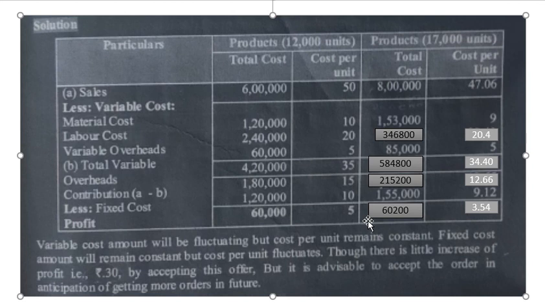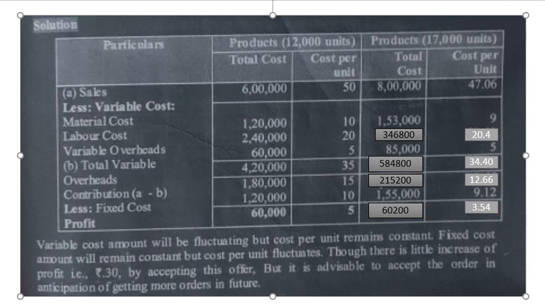The suggestion given here is that variable cost amount will be fluctuating, but cost per unit remains constant. If you look into the problem, the total variable cost fluctuates, but the cost per unit for the calculation will remain the same unless any adjustments are given. But with fixed cost, the amount will remain constant, but the cost per unit fluctuates.